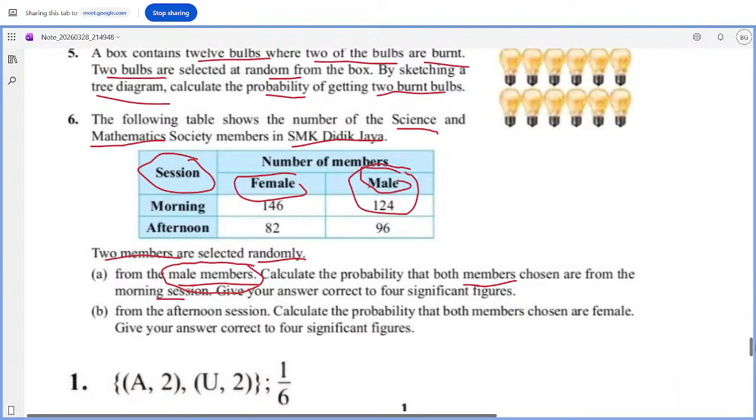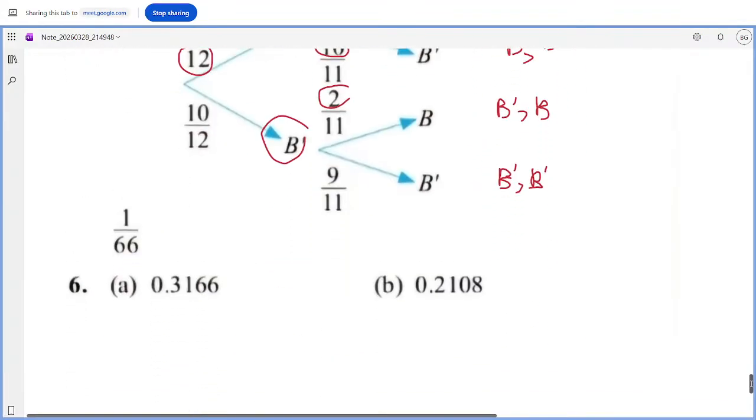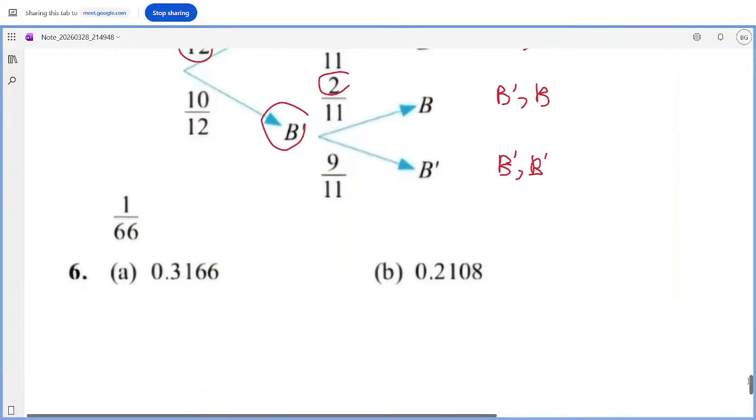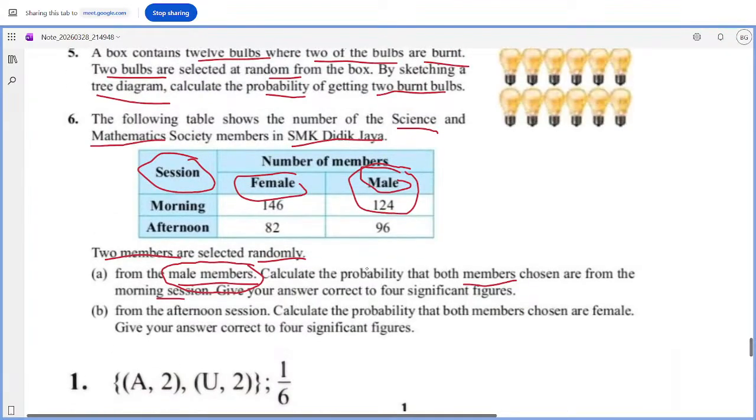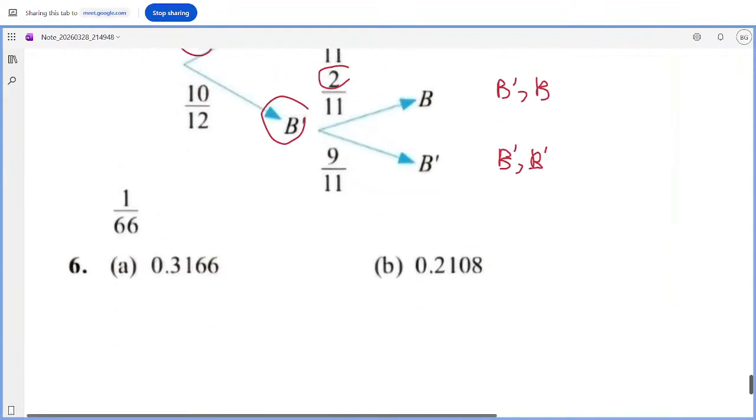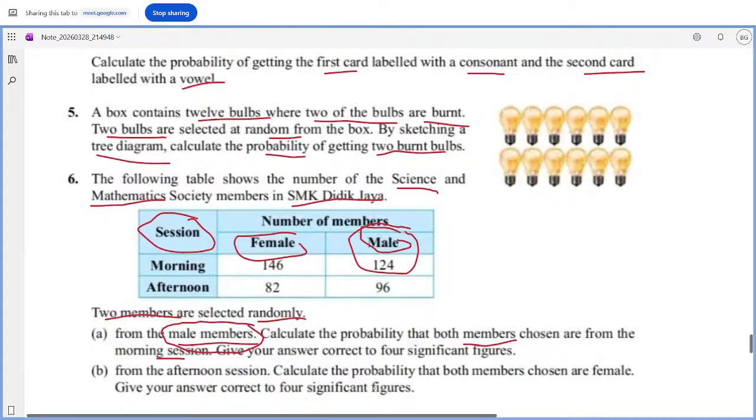I think I wrote wrongly. Wait, let me see. 219. Yeah, correct. Okay, 0.3166, correct. So your probability is 124 over 220 times 123 over 219. Do you guys get it? That's how you get 0.3166. So that is for part A.